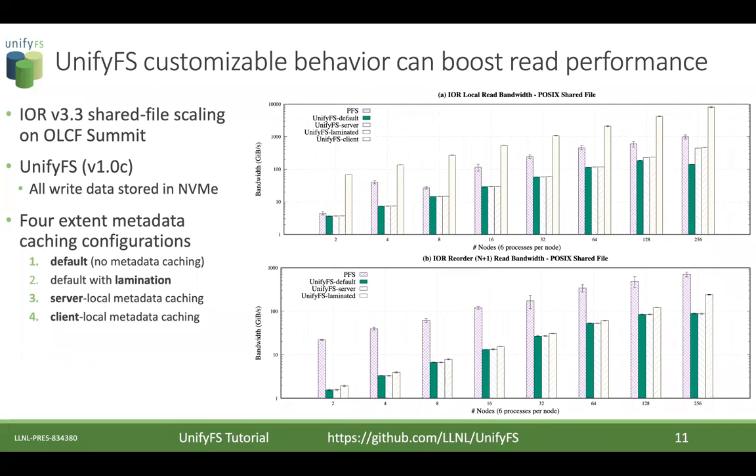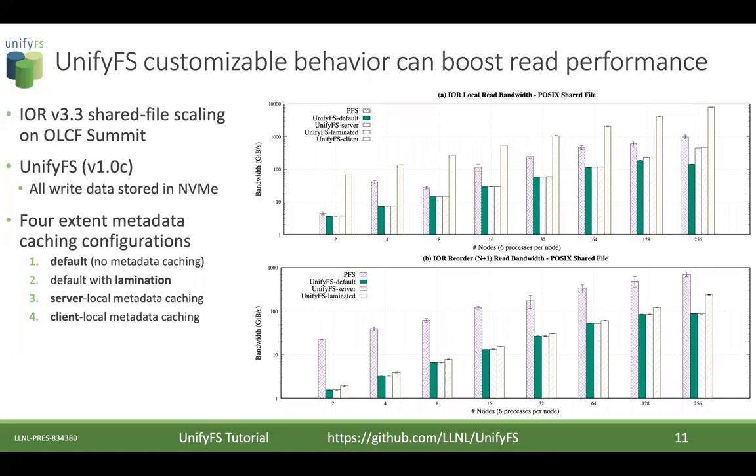Now, the bottom graph shows the results when we turn on the reordered reads option for IOR. And this basically says that rank n+1 will be the one who reads the data written by rank n. And so this means that for how we've deployed it on Summit, where the ranks are packed within Summit compute nodes, so we have 6 processes per node, 1 out of every 6 will be doing an off-node data access.